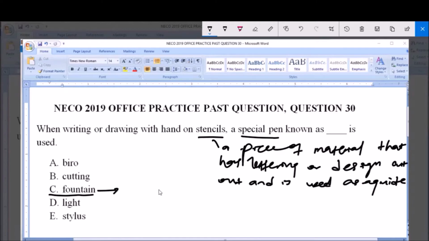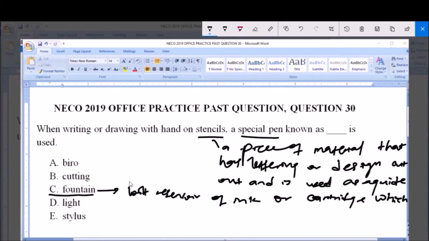A fountain pen is a pen with a reservoir of ink or cartridge containing ink, which flows continuously. That is a fountain pen. So fountain pen is a pen used when writing or drawing on a stencil.